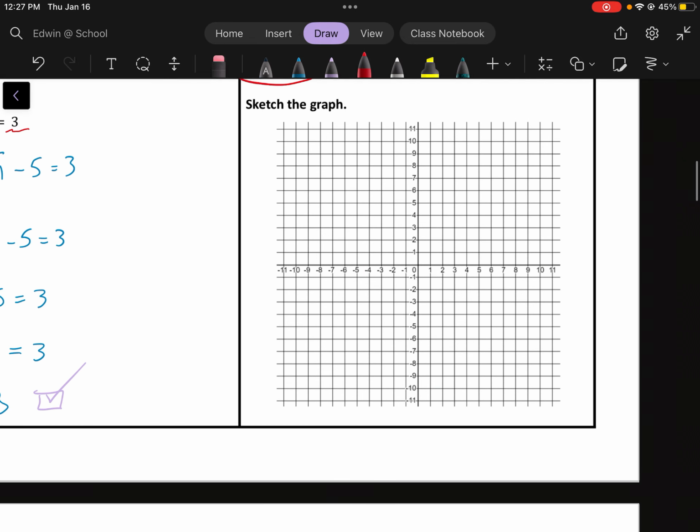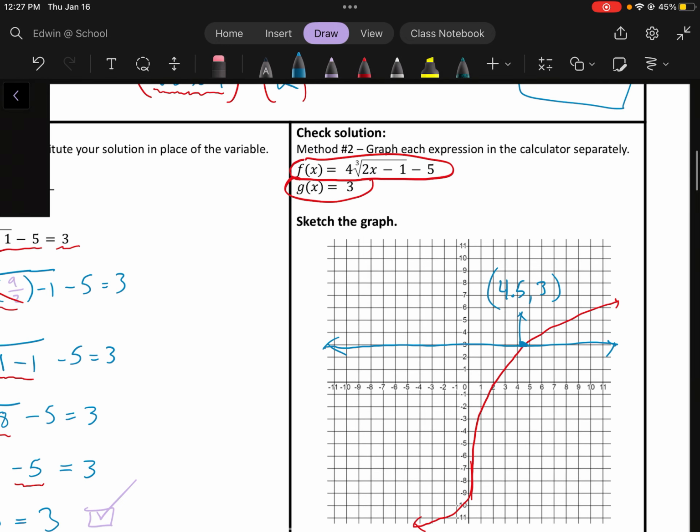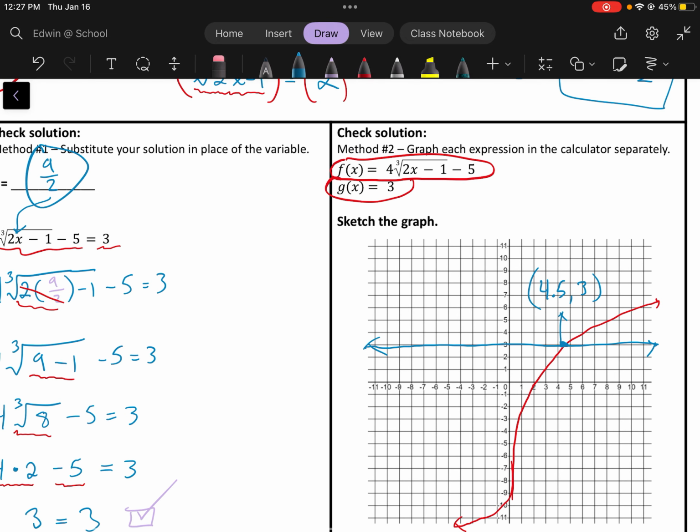So let's just see how. This is going to be a rough sketch. It doesn't have to be extremely perfect. Something like that. And we got a straight line at 3. So we have an intersection at around this point, 4.5, 3.